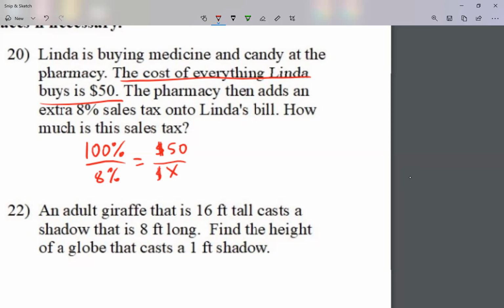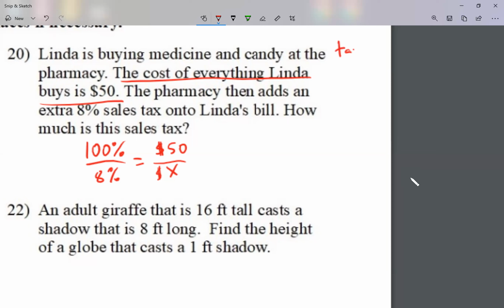So let me write this down. If I want to know taxes only, just taxes only, I'm interested in finding out what's 8%.